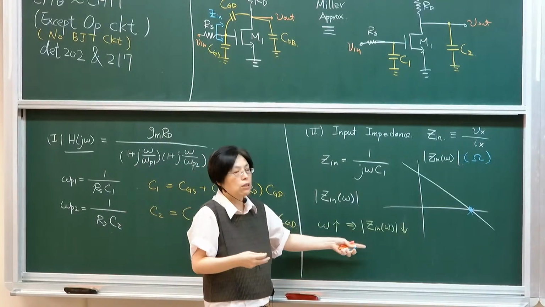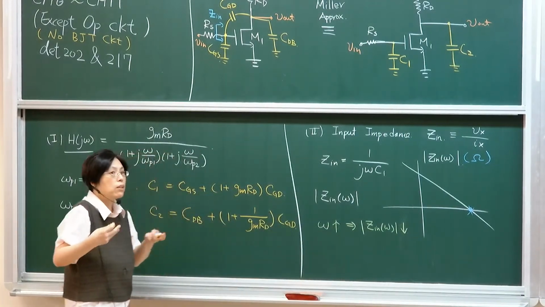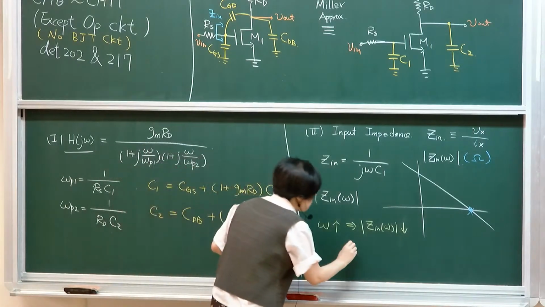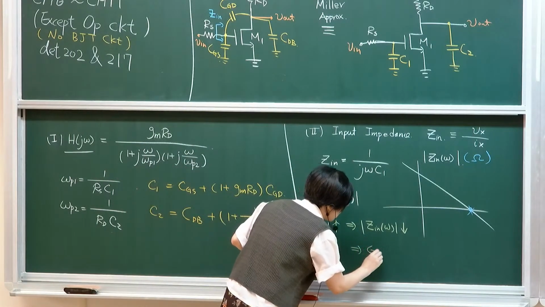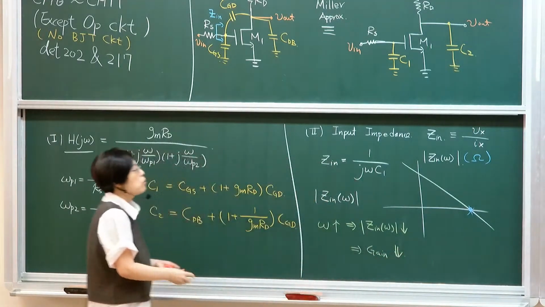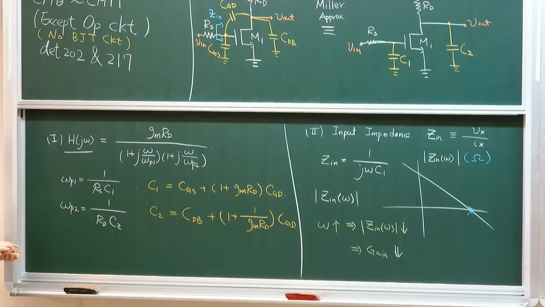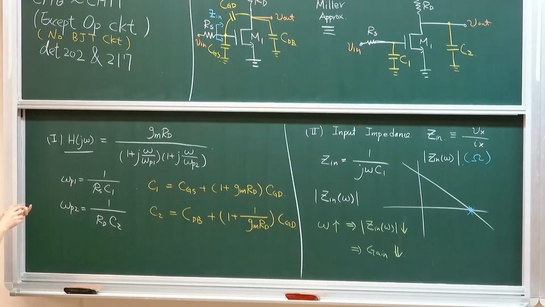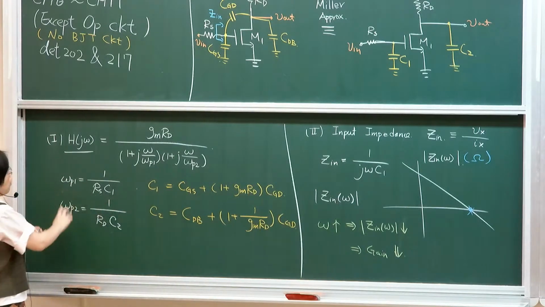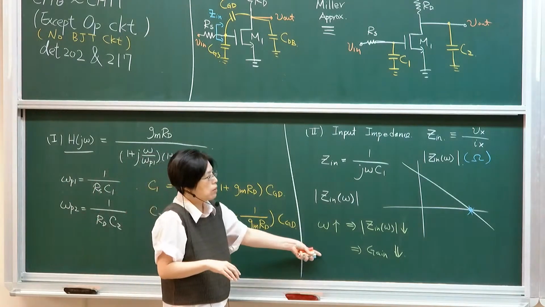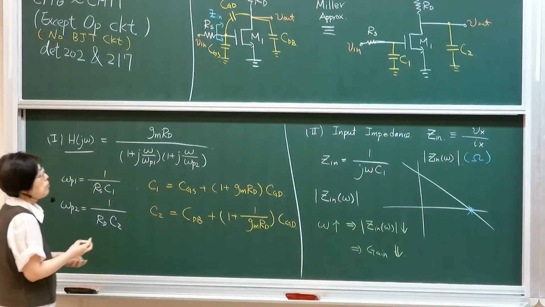But in this case, as frequency increases, the effective resistance reduces because of the charging current. That means you will typically see gain degradation as a result of the decrease of input impedance. This is what we see from pole 1. It's the same thing, but from the impedance point of view, this is the result. Okay?